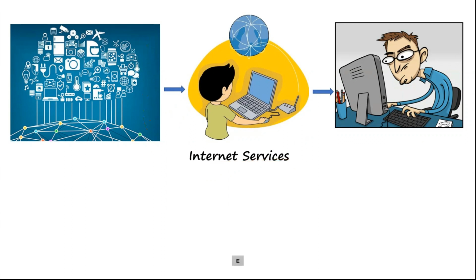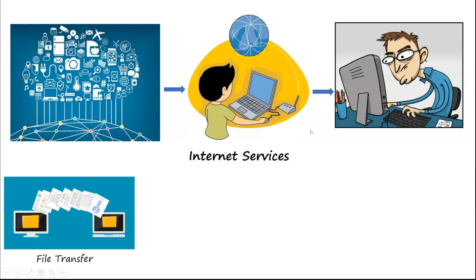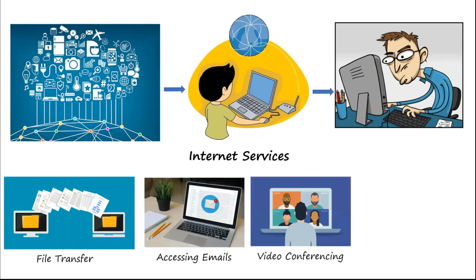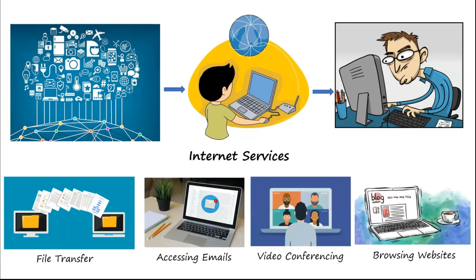How is this happening? What are internet services? We have understood them for file transfers, for accessing emails, for video conferencing, and browsing websites, right? But there's way more to it. Let me pull up another screen to have more clarity. If I have to define an internet service, I would say an internet service provides a way for data to be transferred from internet servers to your computer.